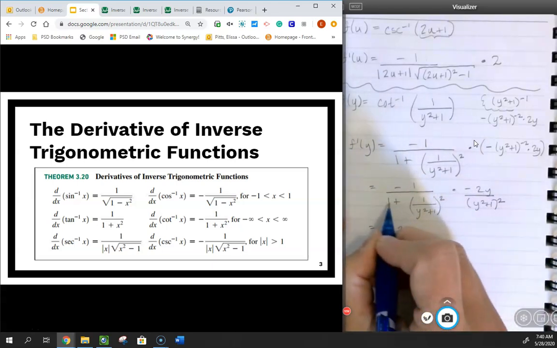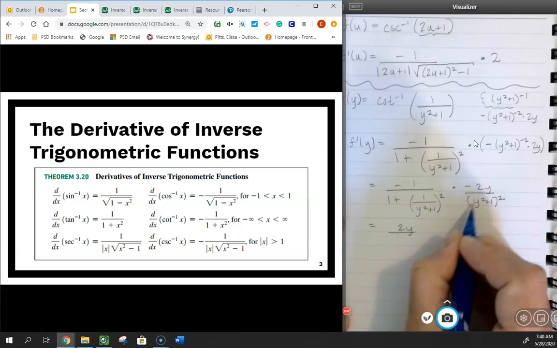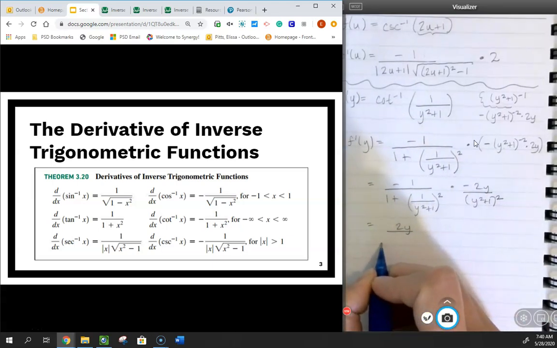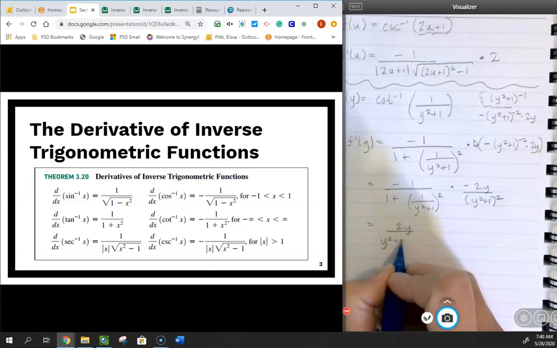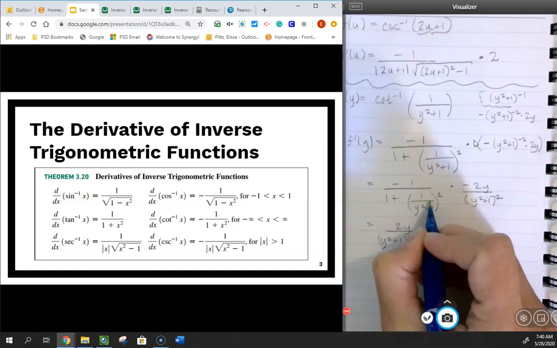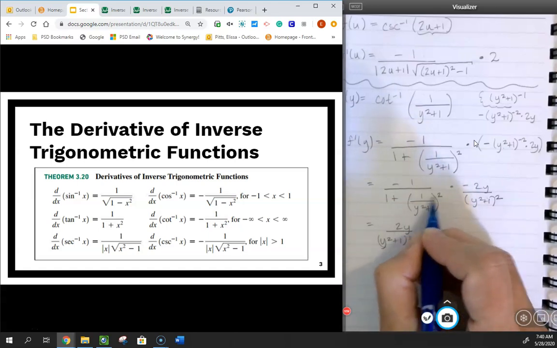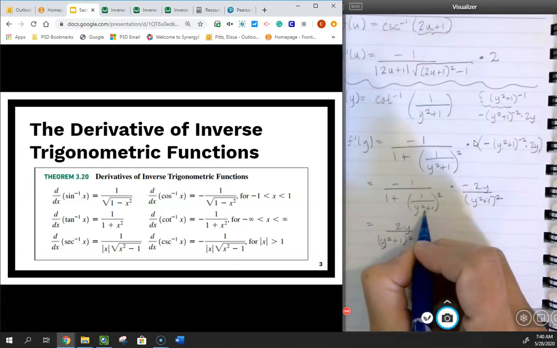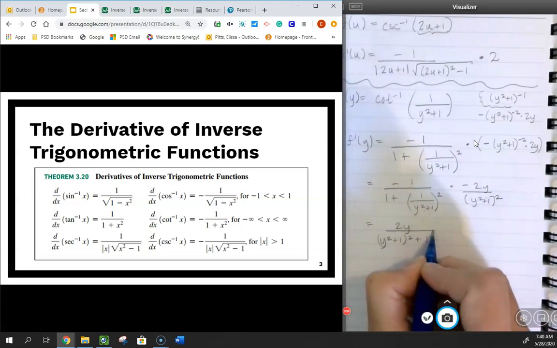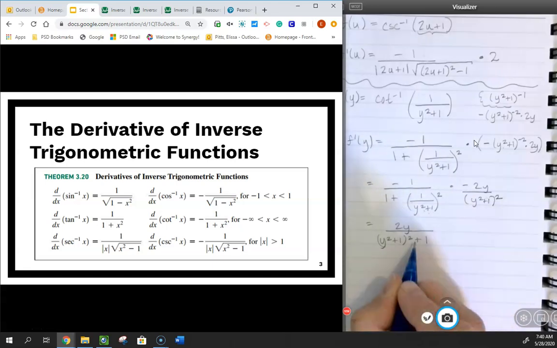Y squared plus 1 squared, I'm going to distribute that to both of these pieces, and I'm going to get y squared plus 1 squared. When I distribute this to this, I just get 1, because this is 1 squared over y squared plus 1 squared. Those would cancel each other out, and we'd be just left with 1. So I get a positive 2y over y squared plus 1, the quantity squared, plus 1.